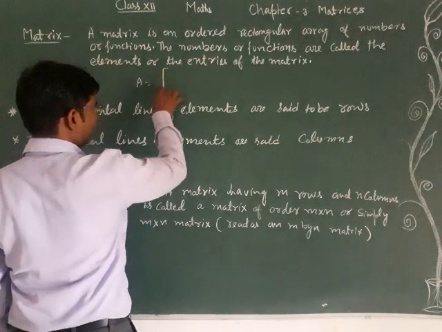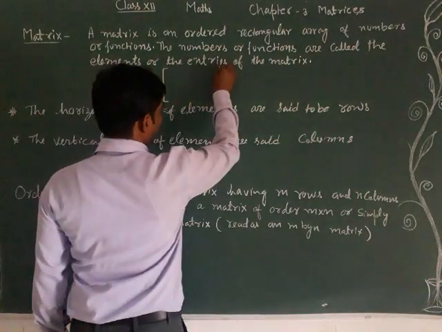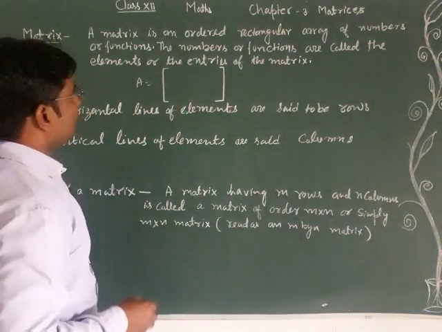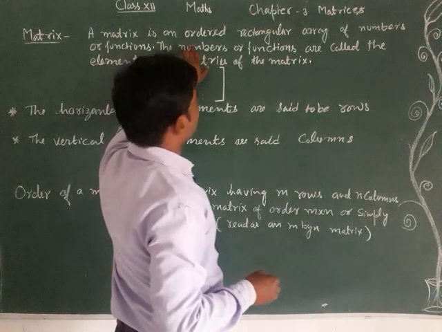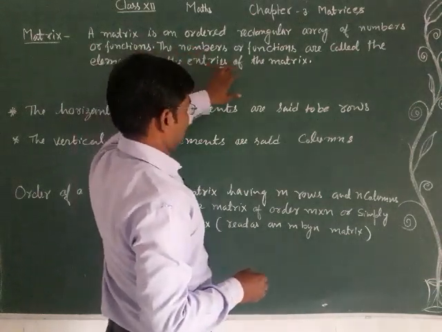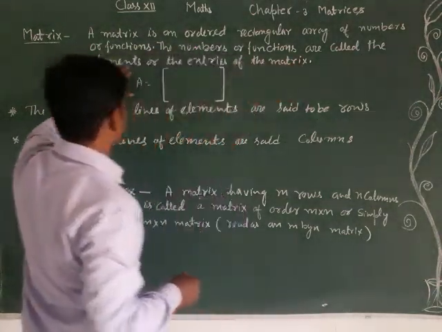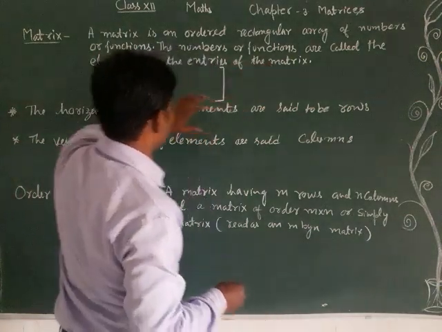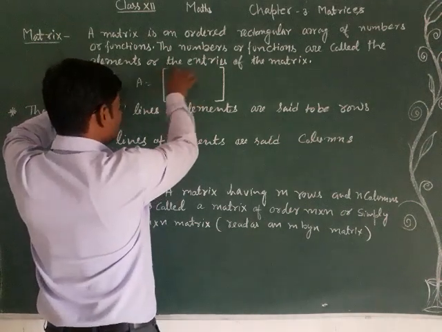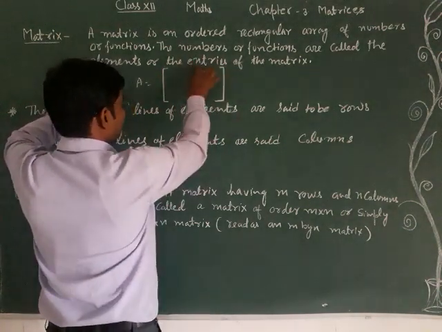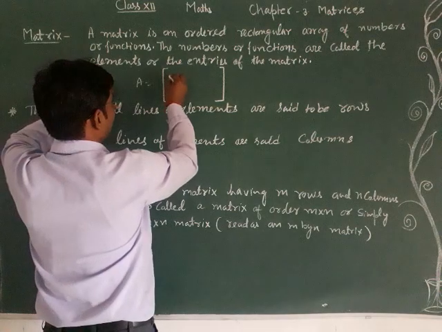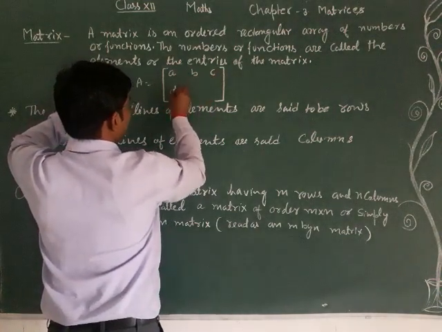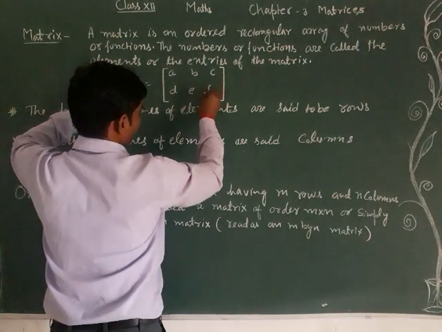So you can write a big bracket, and the numbers are called elements or entries of the matrix. Let the entries be a, b, c, d, e, f.